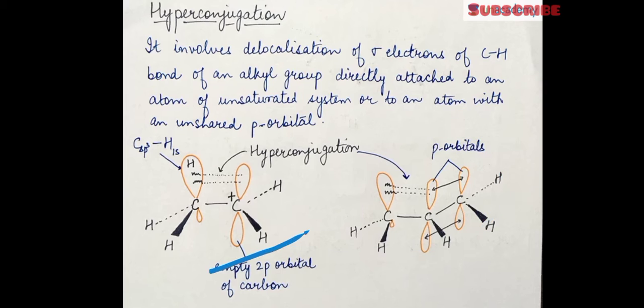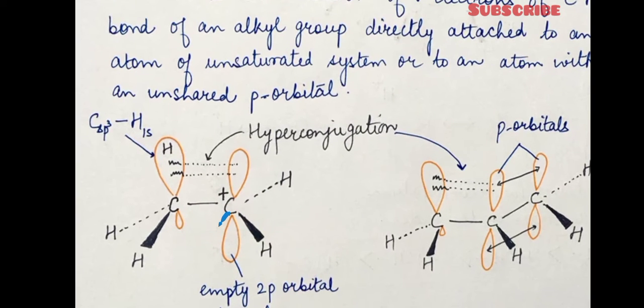In the first case, we have a carbocation. So you can see that a positive charge is present on this carbon atom and therefore we have a carbocation here. Attached to this positively charged carbon atom, we have a CH3 group, that is an alkyl group. So this system is actually CH3CH2+.